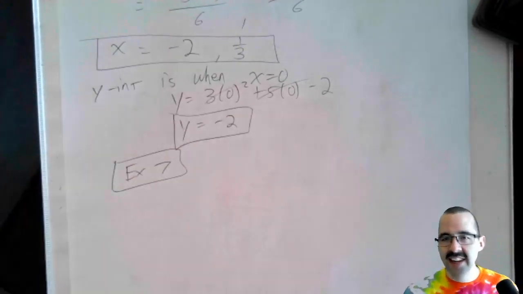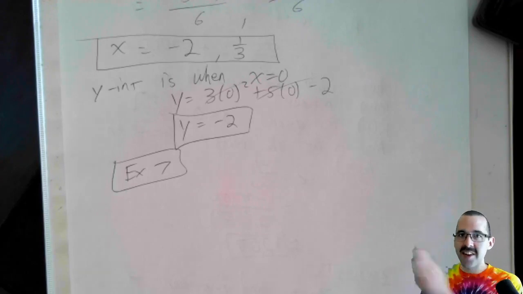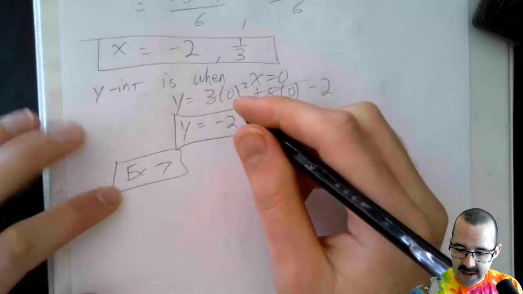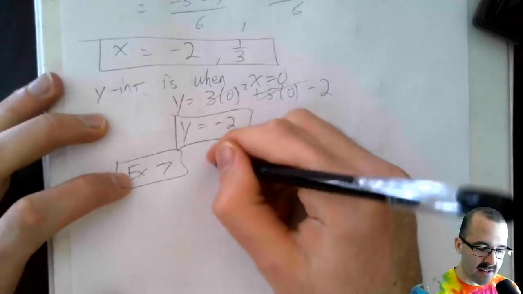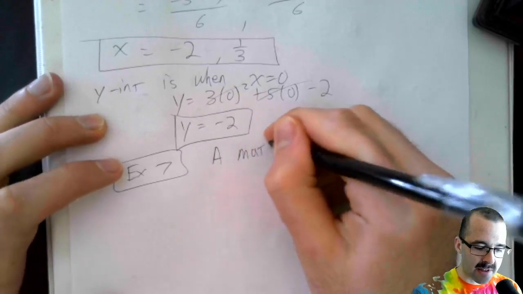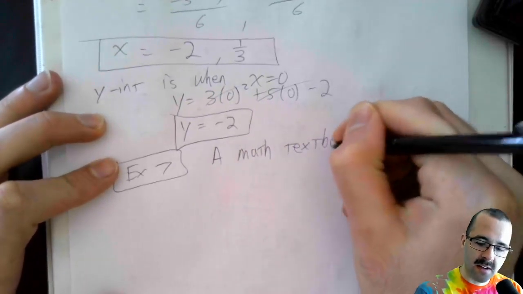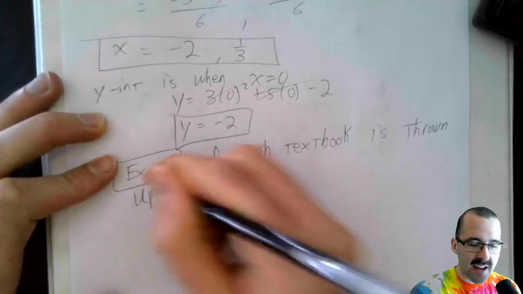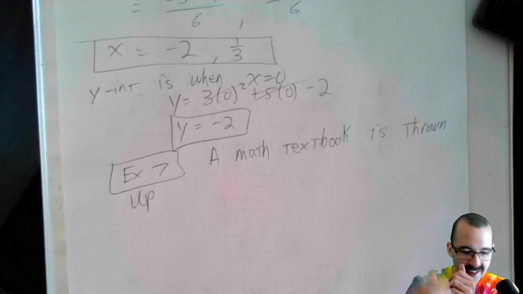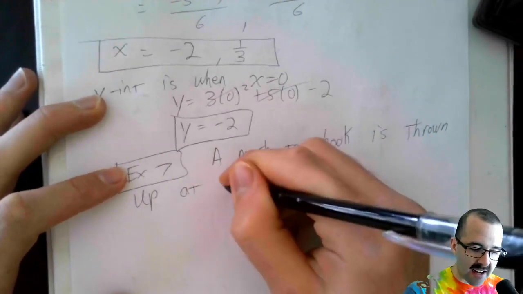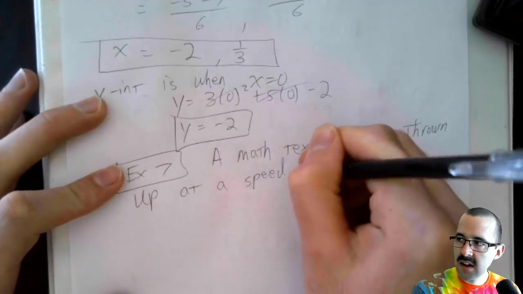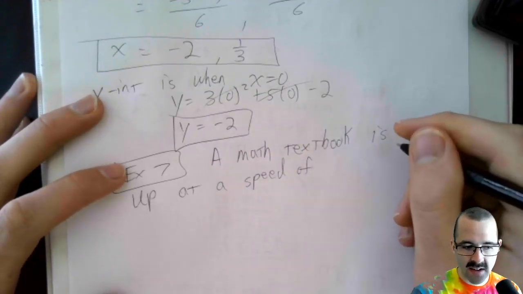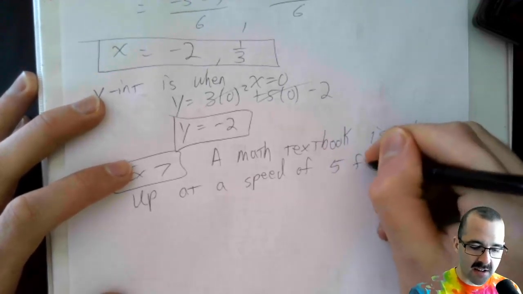Example 7. Example 7's not as nice as 6, but not as bad as 5 was either. All right. Let's say a math textbook is thrown up, not like puking, but is thrown up into the air at a speed of, let's say, 5 feet per second.